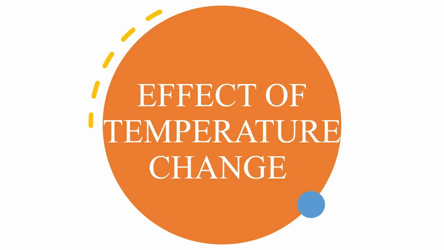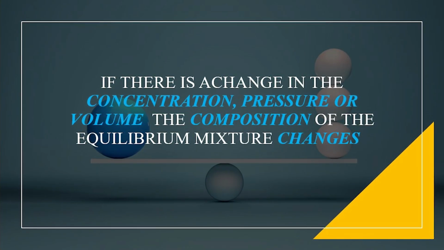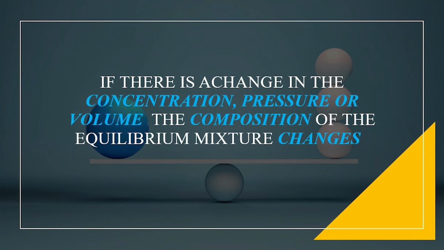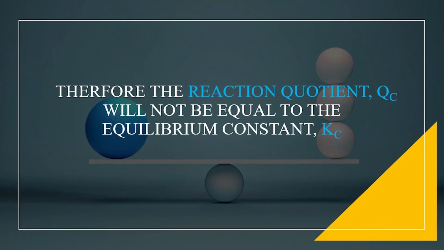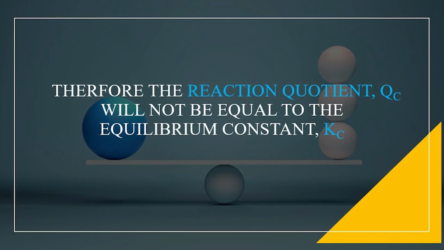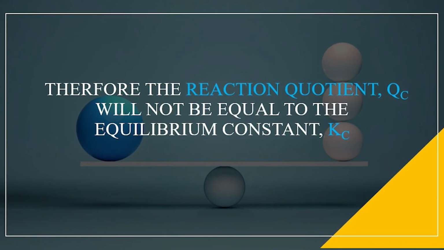Now we shall discuss the effect of temperature on equilibrium. We already discussed the change in concentration and pressure and their effect on equilibrium. When we change the concentration or pressure, the composition of the equilibrium mixture changes, which affects the reaction quotient, that means Qc. So, Qc will no longer be equal to the equilibrium constant Kc.